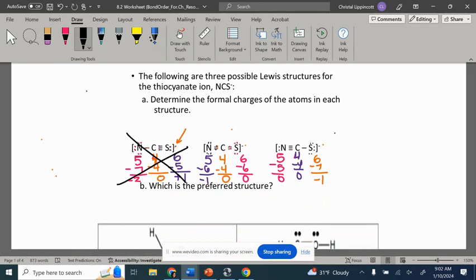I'm just going to give it to you. Nitrogen is more electronegative than sulfur. So we want the negative formal charge to be on the nitrogen and not on the sulfur. So that's why that is the preferred structure.